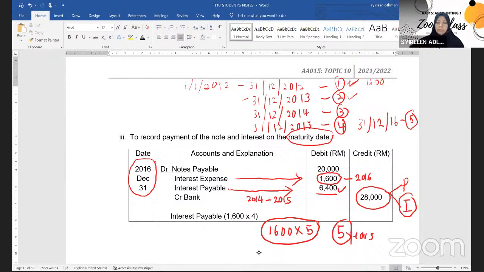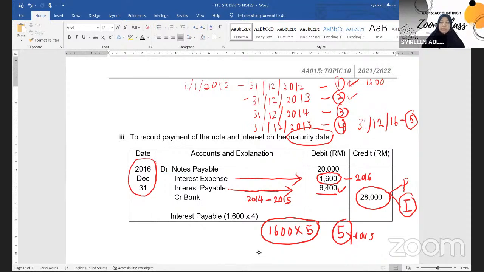The payments for notes payable principal tak ada masalah sebab nilai dia memang tidak berubah. But you still need to calculate for the interest expense. Every year kita ada interest expense. Cuma kita belum bayar saja. So once you reach the maturity date, you are going to pay for your notes payable together with all the interest for 5 years. Sebab tu kita kumpul lah 4 tahun tu. Tapi sebab setiap tahun account dah ditutup, kita dah declare dia sebagai interest.